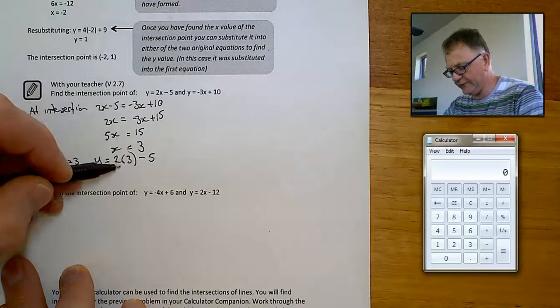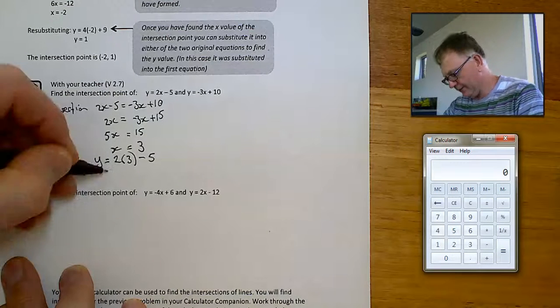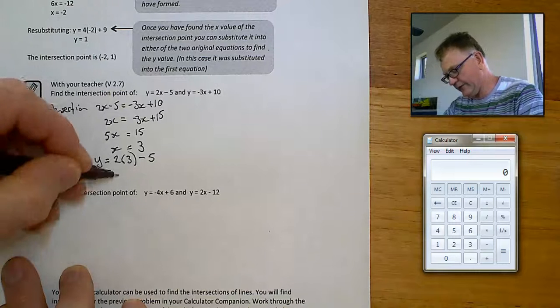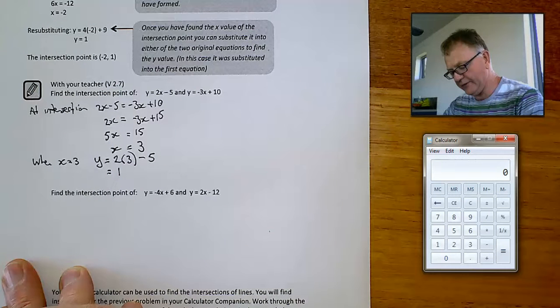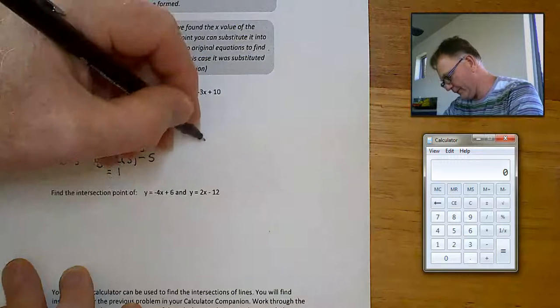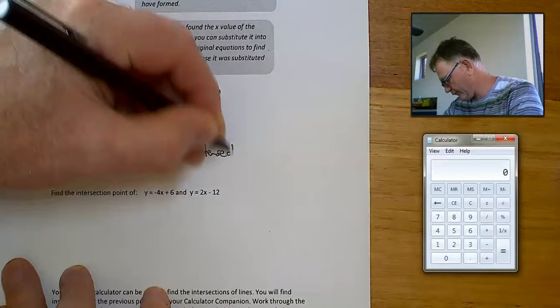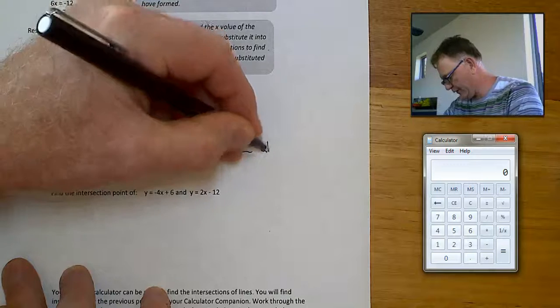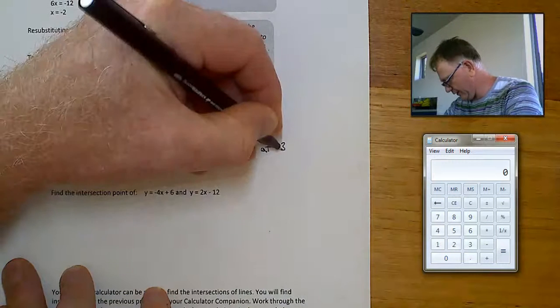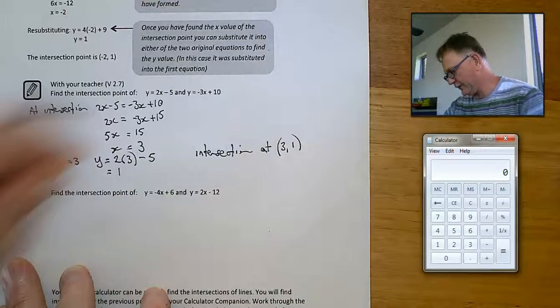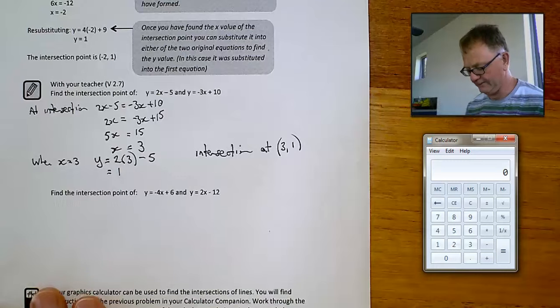And 2 3s are 6. 6 take 5 is 1. When x equals 3, y equals 1. So, therefore, the intersection is at the point x equals 3, y equals 1. We normally write coordinates just like that.